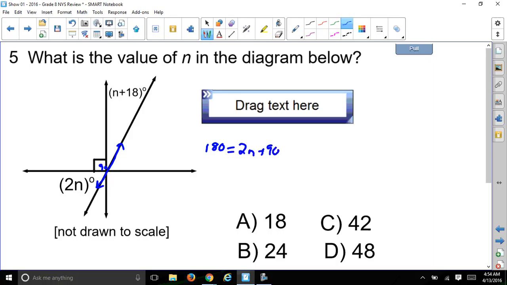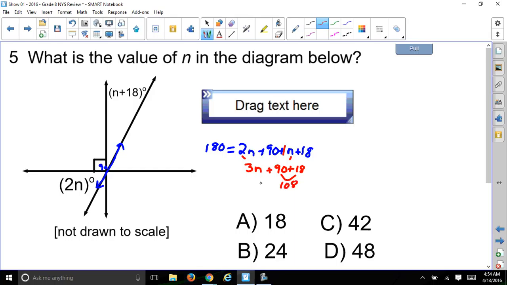So let's put that in our equation and add it all up, because it's supposed to add up to 180 degrees. So let's add up our 2n plus n. That'll give us 3n. You could put a 1 here if you want, one little n. And we have plus 90 plus 18. 90 plus 18 will give you 108.